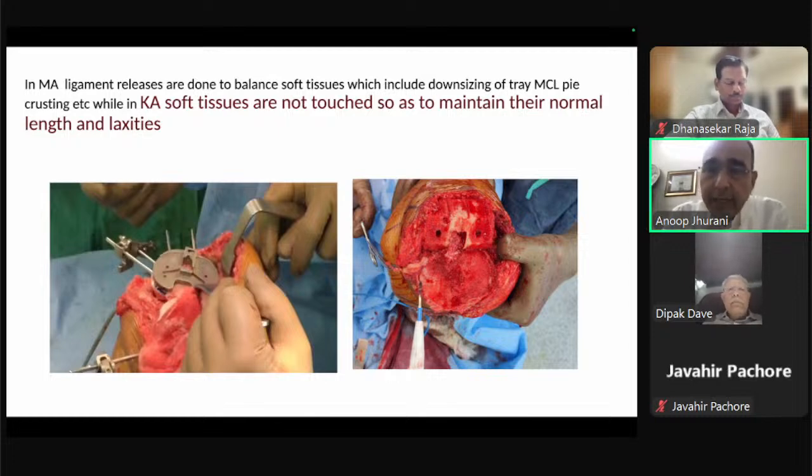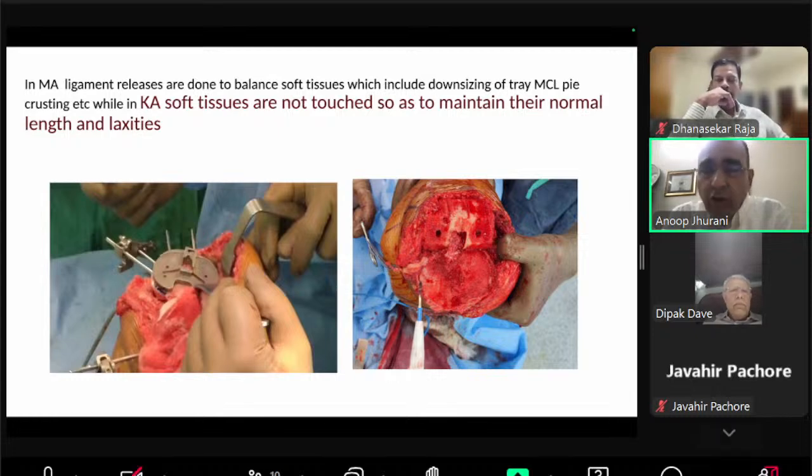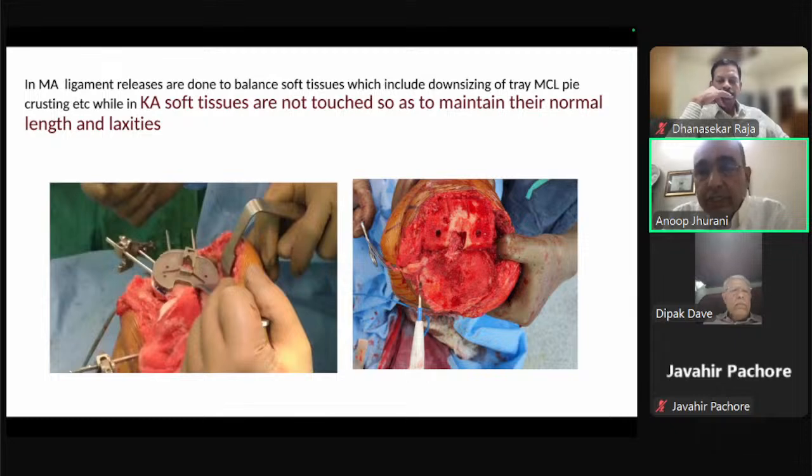The beauty of kinematic alignment was to maintain the length and the laxity of the ligaments without going beyond the midline, without releasing or pie crusting the MCL, preserving the posterior cruciate ligament and the retinacular ligaments. Once I realized how important this was for the normal feel of the knee and normal recovery of the knee after knee replacement, I started thinking about it, working on it, reading the literature and investigating on my own.